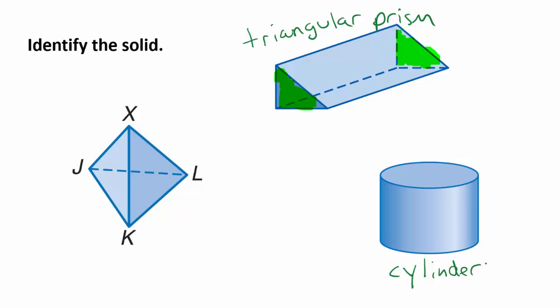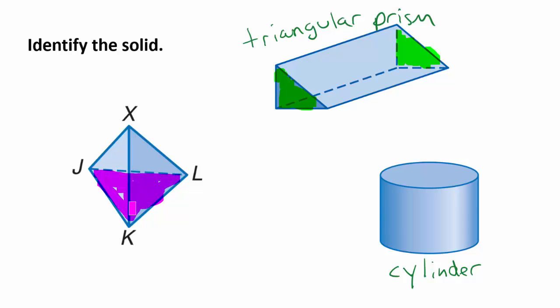Now the hard one is going to be probably this guy over here to the left. What you're going to need to notice is that it's going to have a vertex up at the very top. You notice there's a bunch of triangles. It's going to have a vertex up at the top here at X. The base is this guy down here at the bottom, which is just another triangle.